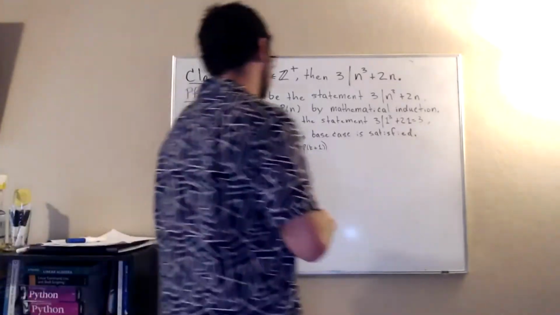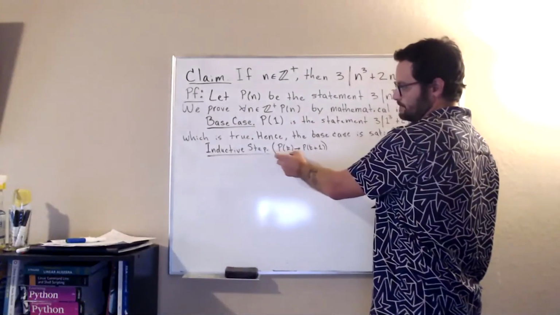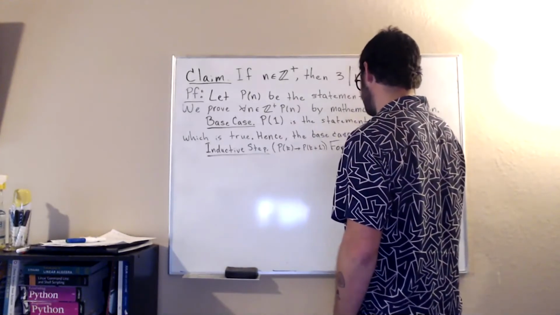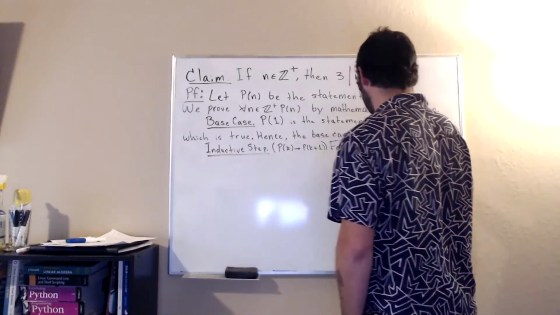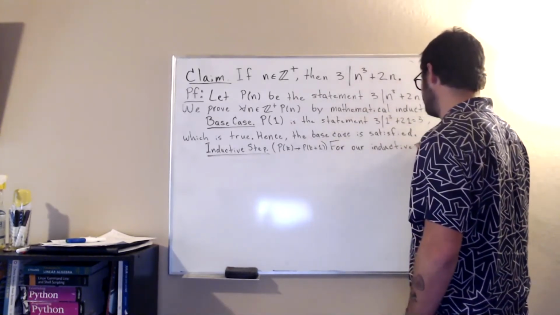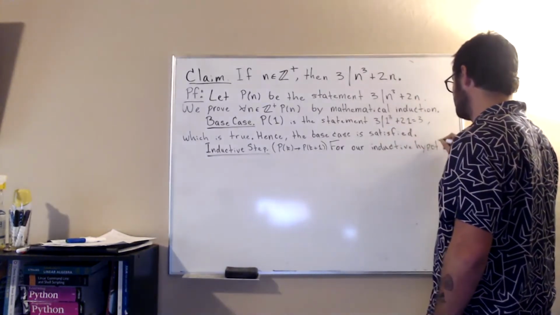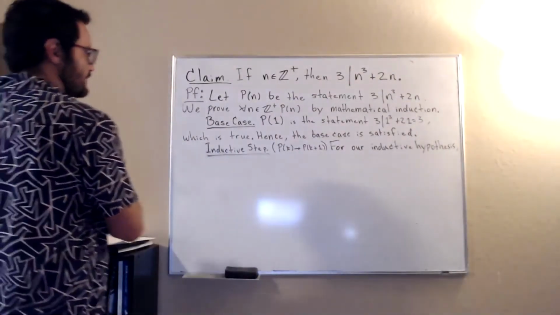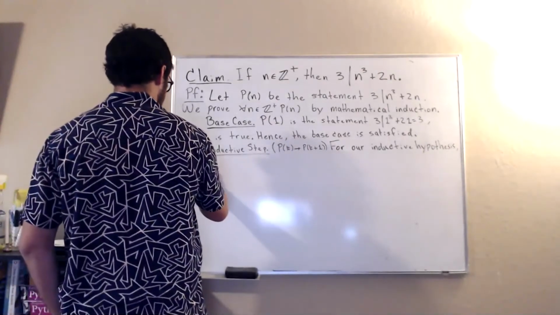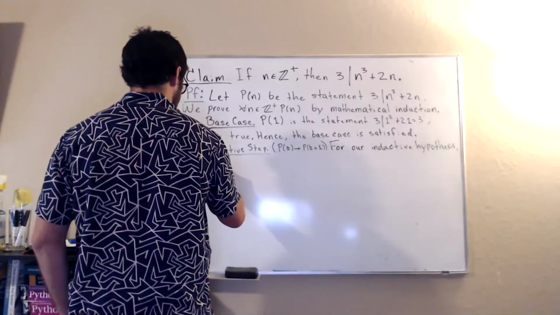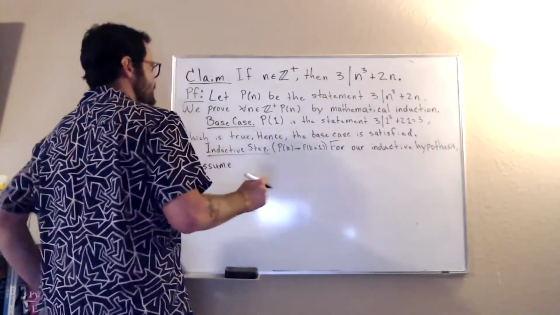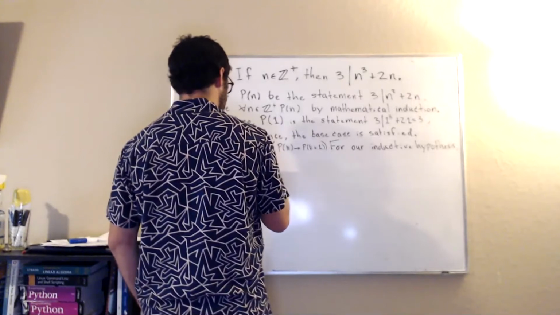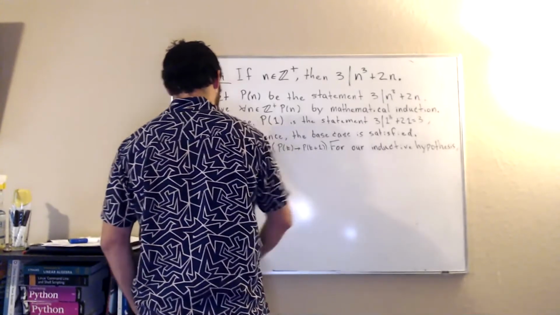So this is called our inductive hypothesis, P of k. So that's what I'm going to write right here. For our inductive hypothesis, we assume P of k. So what is P of k?